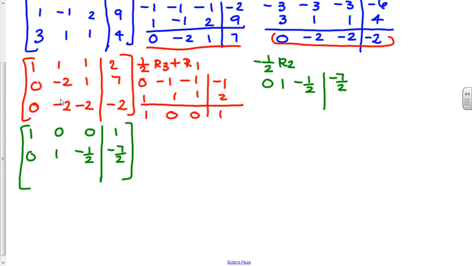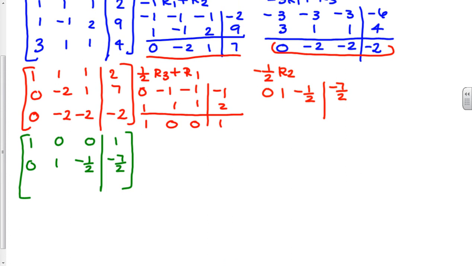Now I need this last negative 2 right here to be a 0. Well, that's easy to do. If I just add these two together, one of them has to be negative, and I can make it go away. Just that easy. So what I'm going to do is multiply row 2 by a negative, and combine it to row 3.